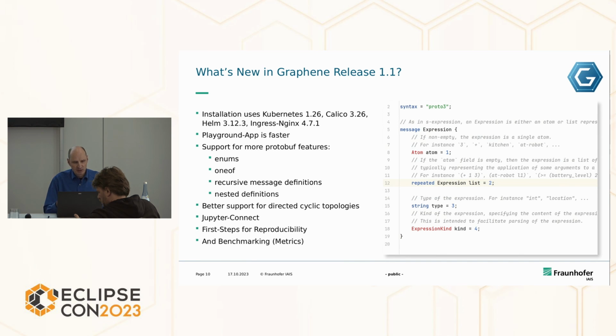And also nested definitions, so when enums are defined inside message definitions, for example. We have even better support for directed cyclic topologies. That's quite important. We have the new Jupyter Connect feature in there. We have the first steps for reproducibility and for benchmarking, to collect metrics.